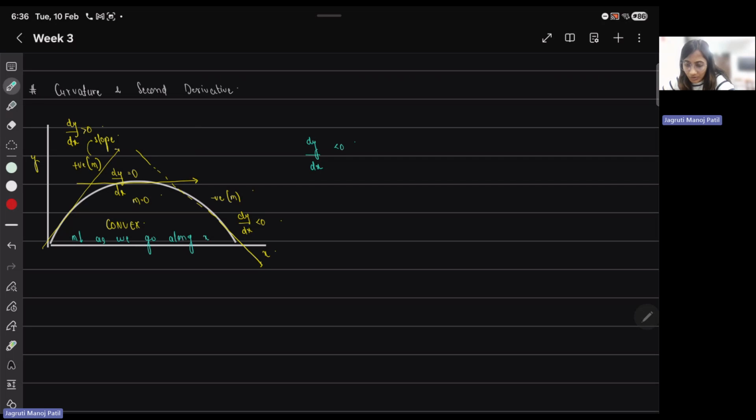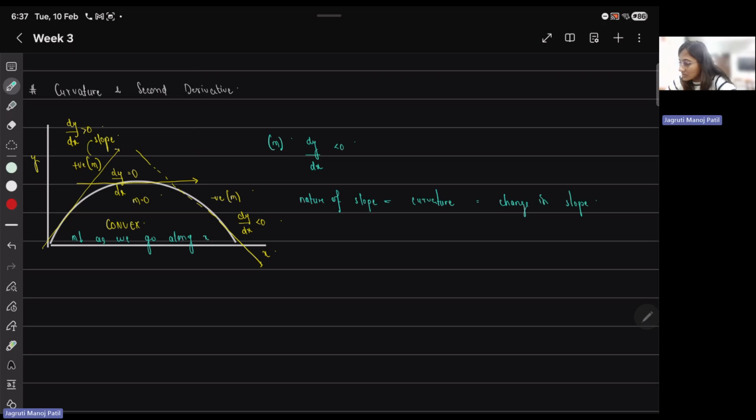Now, this is your slope that's decreasing, and that's m. But what we are looking at now is how the nature of your slope is changing. That is your curvature, right? This nature of the curve, how it is changing, is told to us by the change in slope, right?